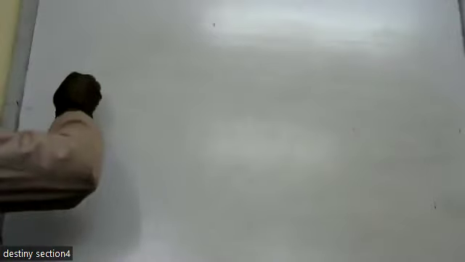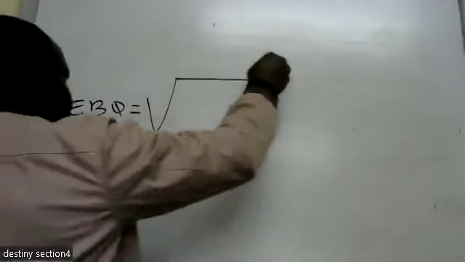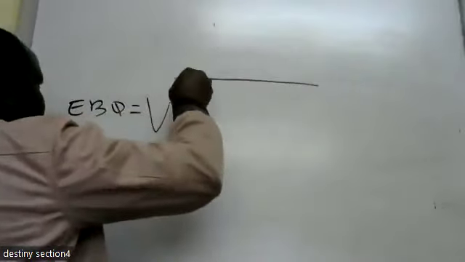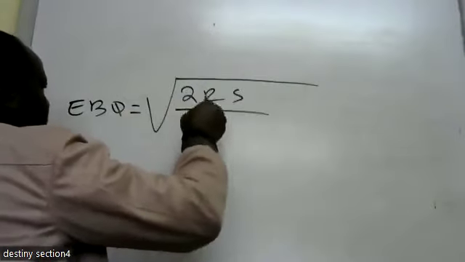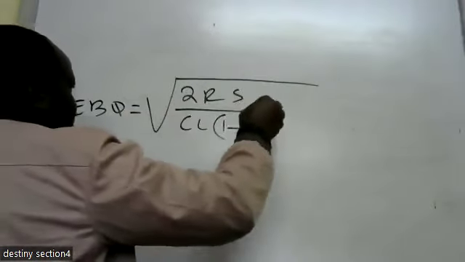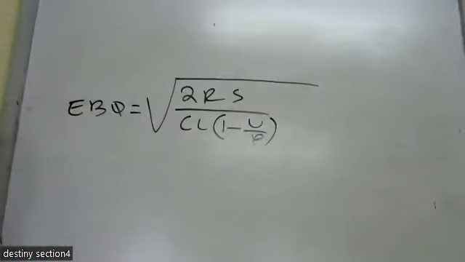When you have to compute the economic batch quantity, it is supposed to be given by 2RS divided by CI, then 1 minus U over P. So that was meant to be our concept of the economic batch quantity.